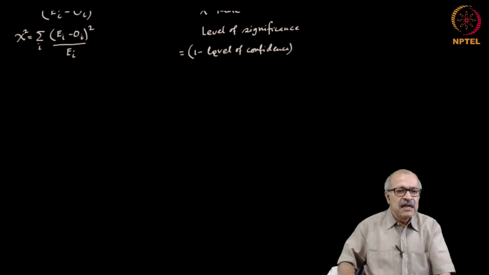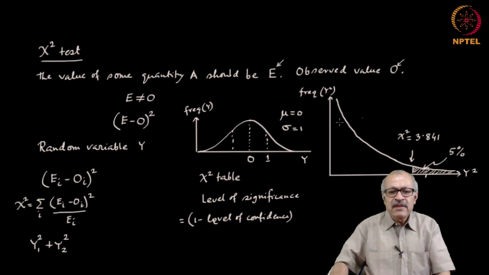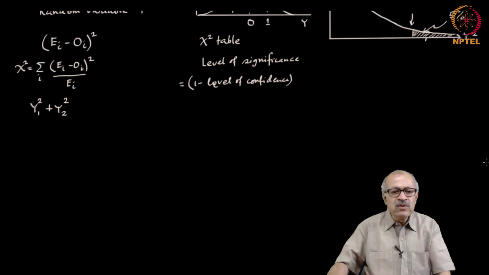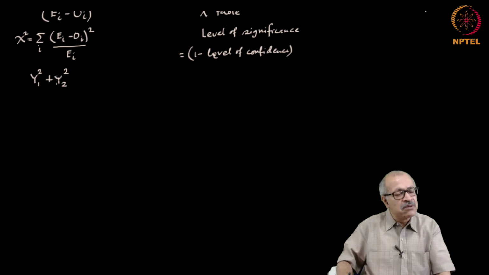Now, suppose there are two such random variables, say y1 and y2. We have to take a square of them because we want positive numbers. So, y1 is a random variable distributed this way, and y2 is another random variable distributed exactly in the same way. Then how would this summation behave?